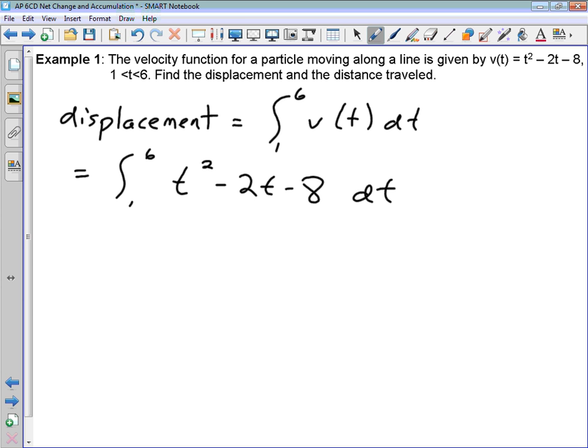Okay, so how do we evaluate this integral? Well, obviously we need our antiderivative here. This is a nice little polynomial, so we can do this term by term: 1/3 t cubed minus t squared minus 8t, and we want to evaluate this from 1 to 6.